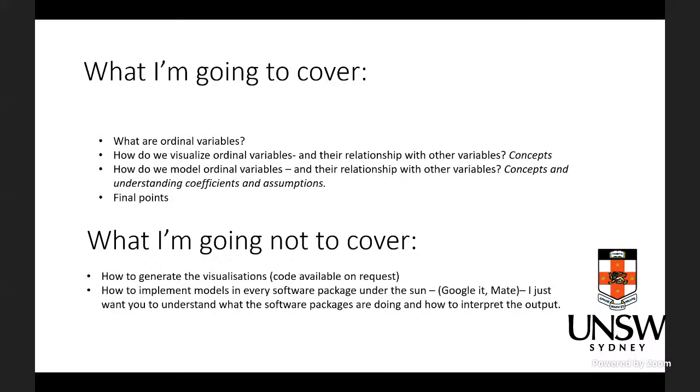If you want additional support with that, we can always go through that at another time. And I'm also not going to cover how to implement everything in every software package under the sun. You know, as Adam Bant would say, Google it, mate. But once you get a good understanding of what the software packages are doing, then you'll understand how to interpret the output.